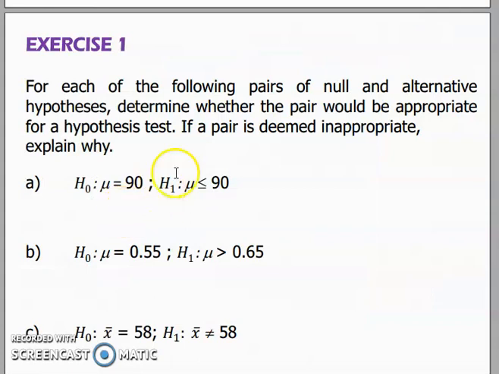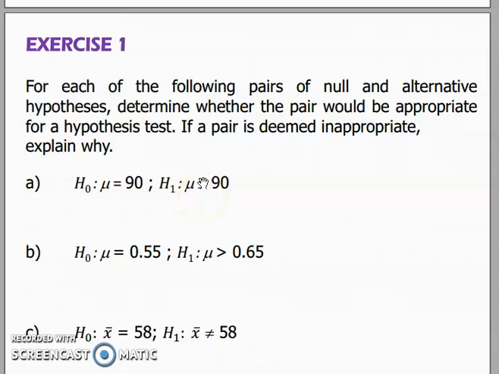Exercise. For each of the following pairs of null and alternative hypotheses, determine whether the pair would be appropriate for a hypothesis test. If you look at the first statement, H null mu equals 90, H1 mu not less than and equal to 90. Here is an equal sign and here it also contains an equal sign, so it is wrong.